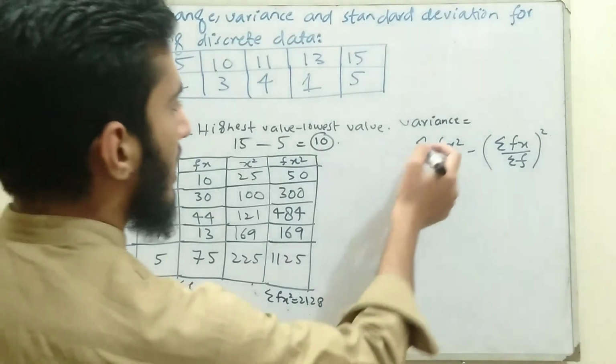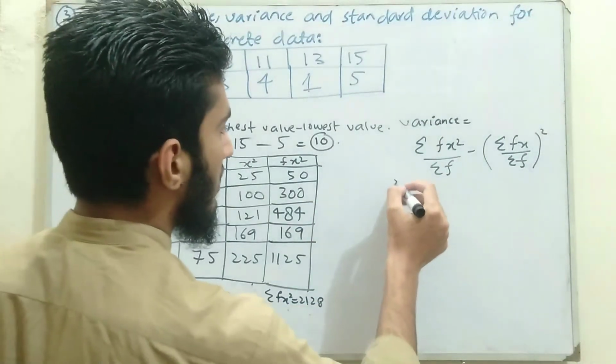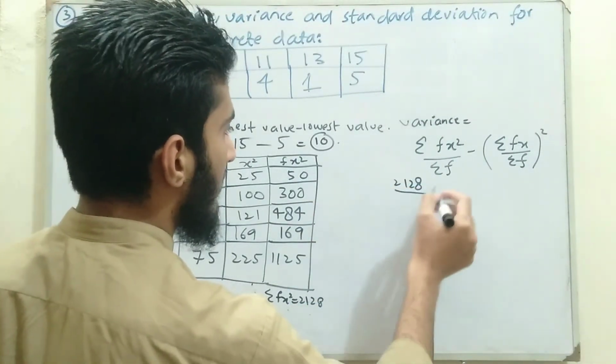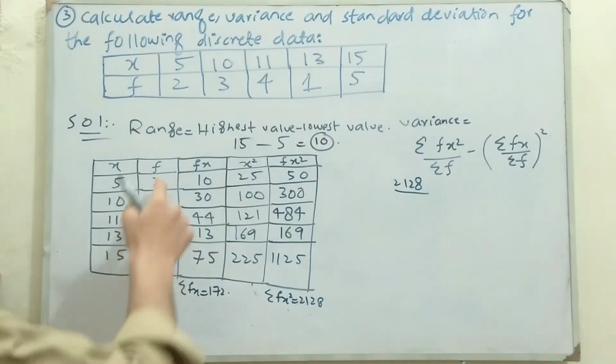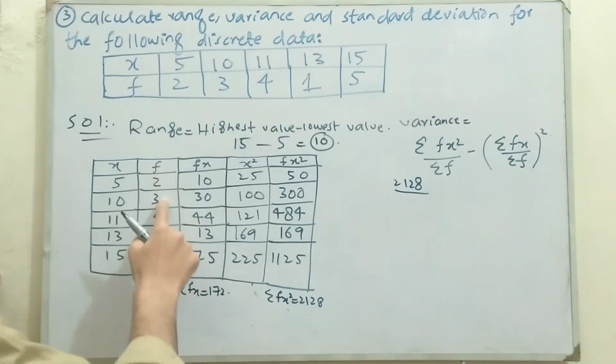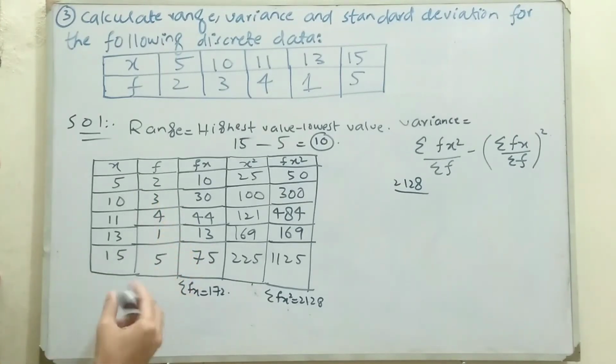Now putting the values for finding the variance. So summation of f of x square is 2128, divided by summation of f. Summation of f means add all the values of frequency. So 2 plus 3 is 5, 5 plus 4 is 9, and 9 plus 1 is 10, and it gives us 15. So summation of f is 15.